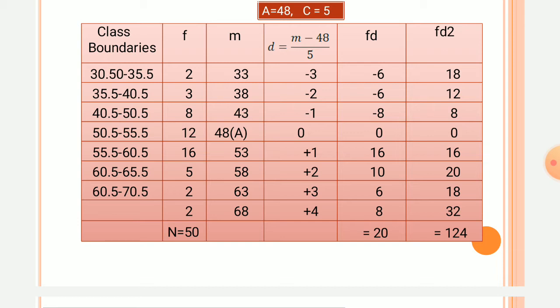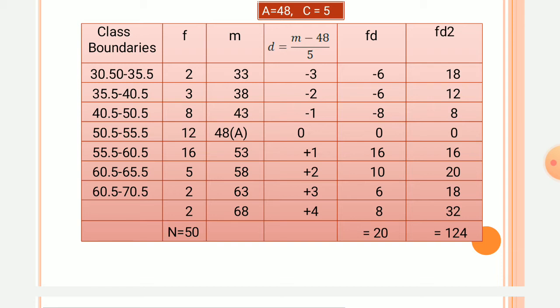Any value you can take as the assumed value, either within the series or outside the series. Usually we take it within the series. And divided by 5 means the size of the class interval, the difference of the class interval, 5.